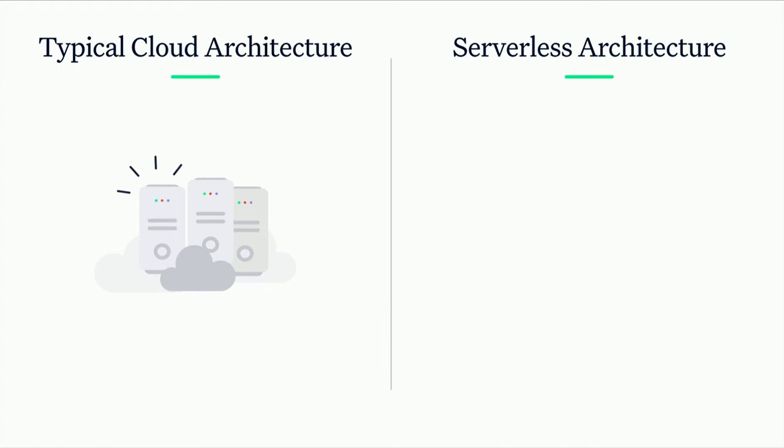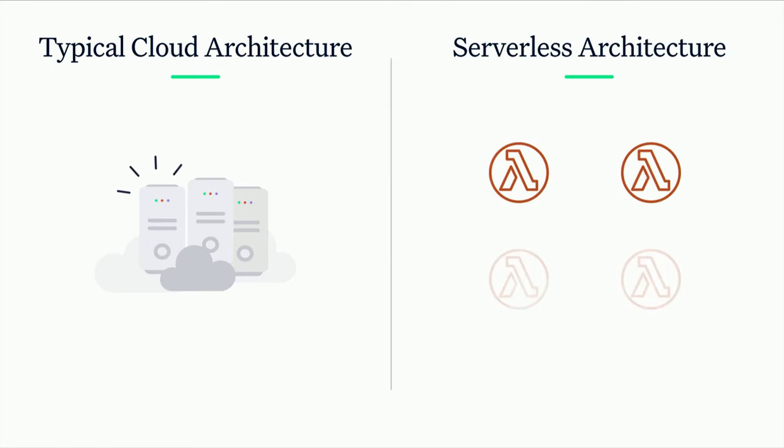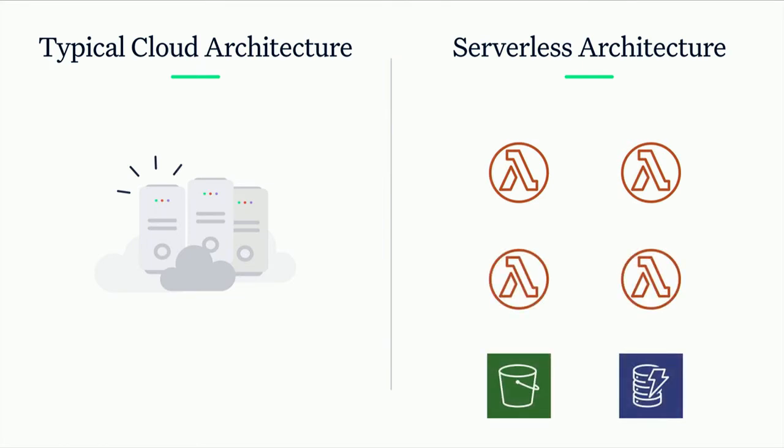And since the functions don't run all the time, you need to store your data somewhere. This could be an S3 bucket or a DynamoDB. And now the big difference is that since your functions do not run all the time, you also don't have to pay for them, compared to your typical cloud architecture, where at least one instance is running all the time because you never know if someone is making a request to your app.